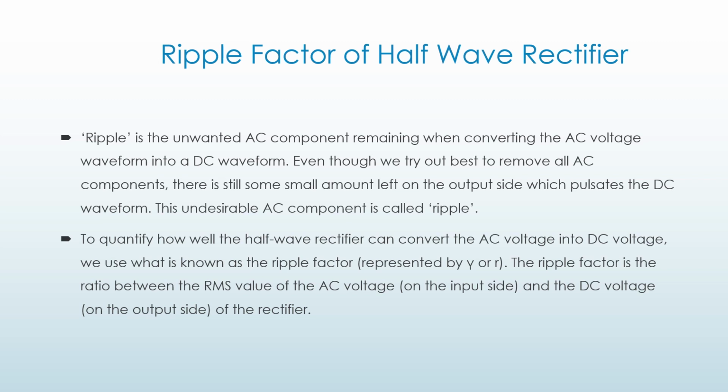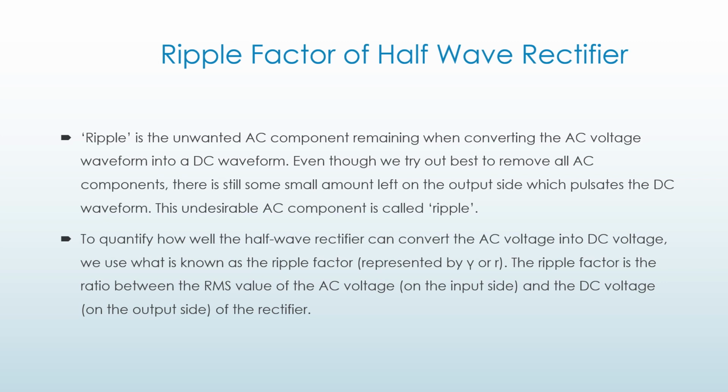This undesirable AC component is called ripple. To quantify how well the half-wave rectifier can convert the AC voltage into DC voltage, we use what is known as the ripple factor, represented by the symbol as shown in the slide.